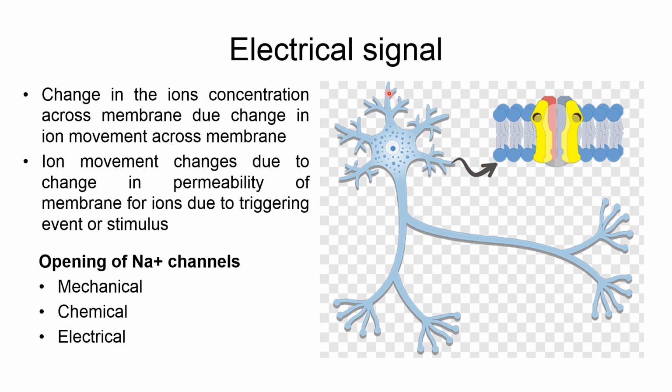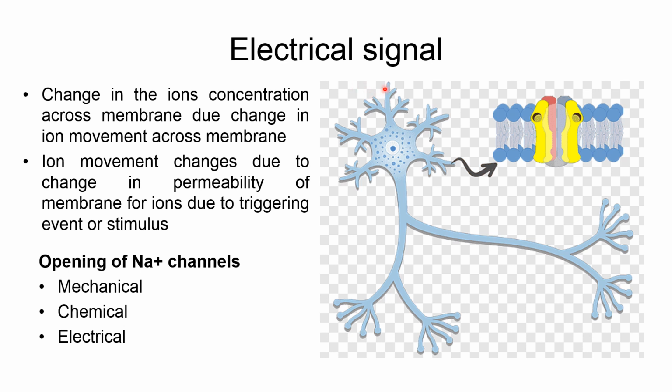So there would be sodium channels that are mechanically gated channels. In the ears, the air waves enter into the ear and vibrate three bones, and then in the internal ear there is movement of fluid in the cochlea. We'll learn it in senses.